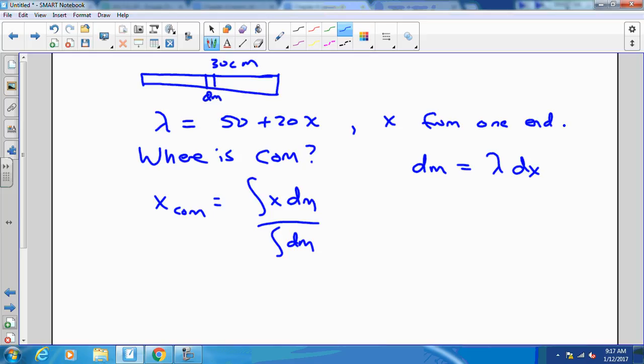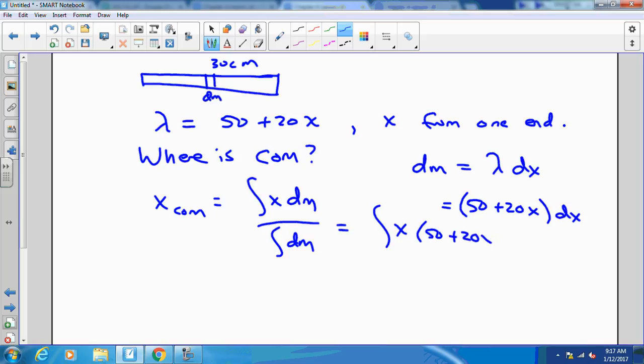And we're going to take dm to be equal to the density times the thickness of that piece. And since the density is given to us, we can make an immediate substitution. And lo and behold, we have our dm.